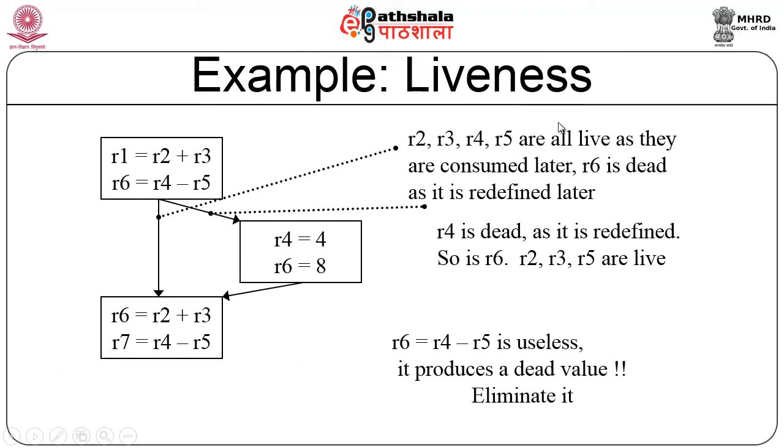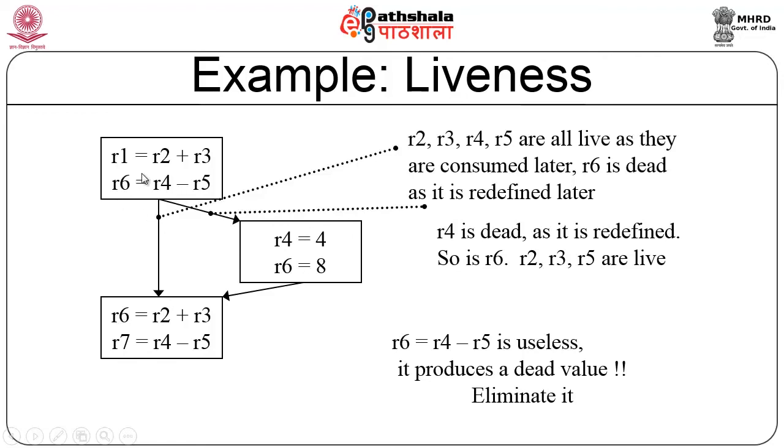Now, the example for liveness is given here. R1 is equal to R2 plus R3 and R6 is equal to R4 minus R5. R4 is 4 in this path, R6 is 8 in this particular path, R6 is equal to R2 plus R3 and R7 is equal to R4 minus R5. Take this scenario. At this particular point, R2, R3, R4 and R5 are all live as they are consumed later, and R6 is dead as it is redefined later.